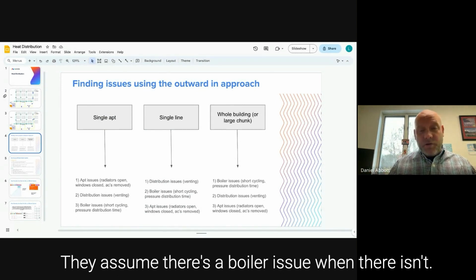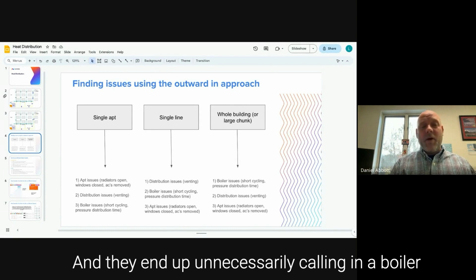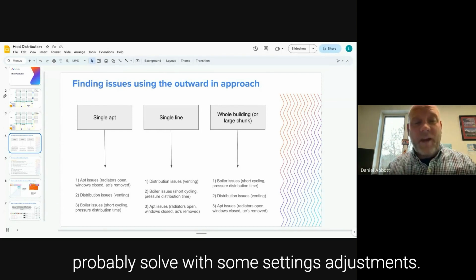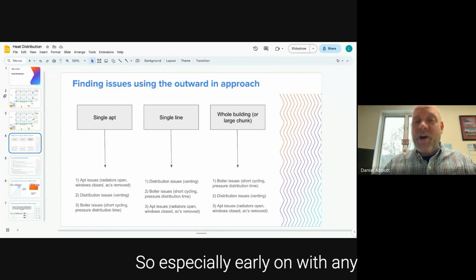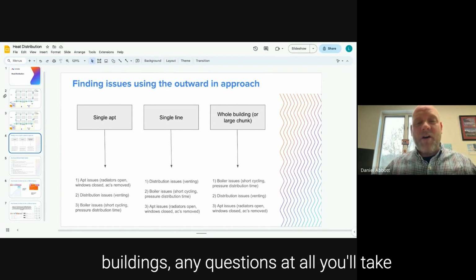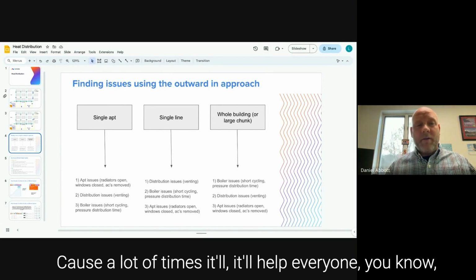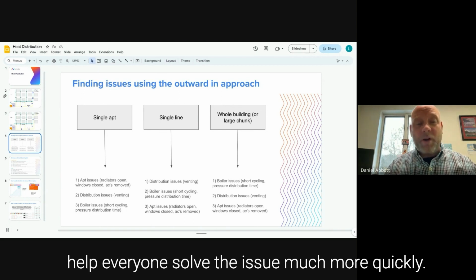They assume there's a boiler issue when there isn't, and they end up unnecessarily calling in a boiler service company when it's something that we could probably solve with some settings adjustments. So especially early on with any buildings, any questions at all, take advantage of the 24/7 support, because a lot of times it'll help everyone solve the issue much more quickly.